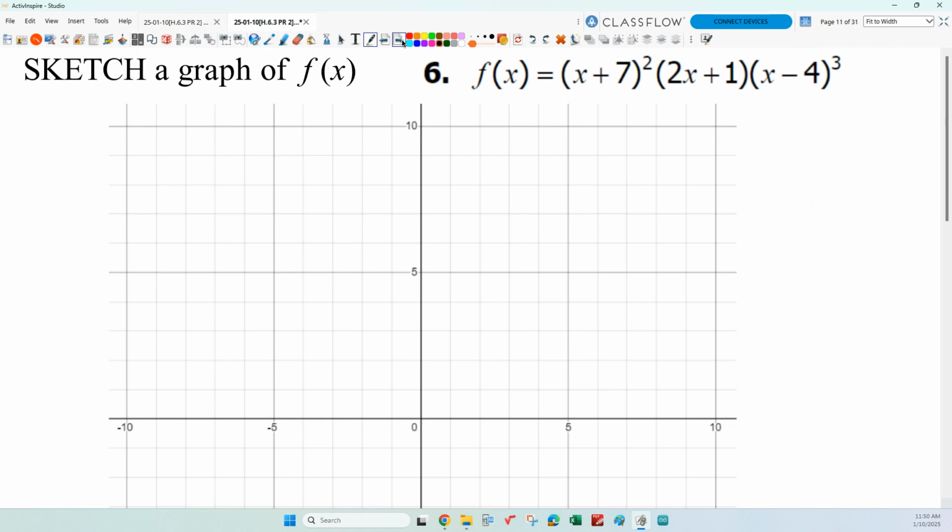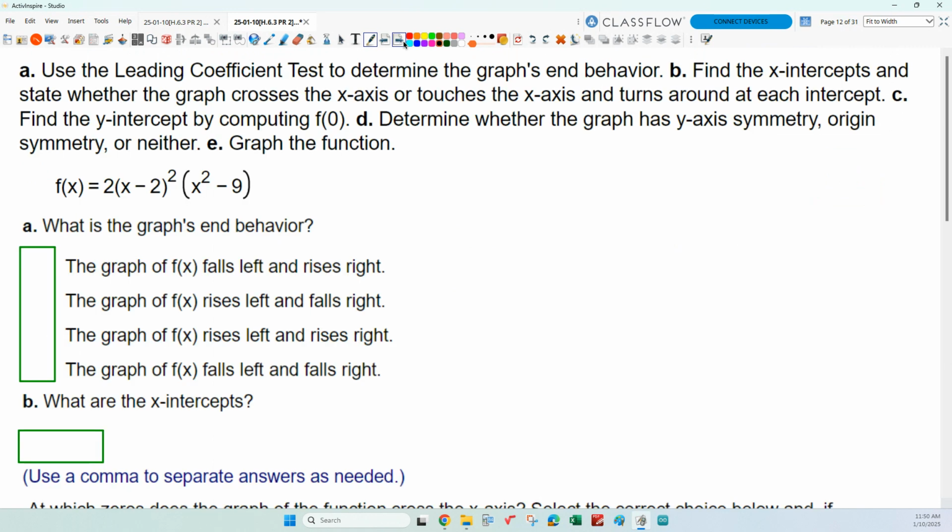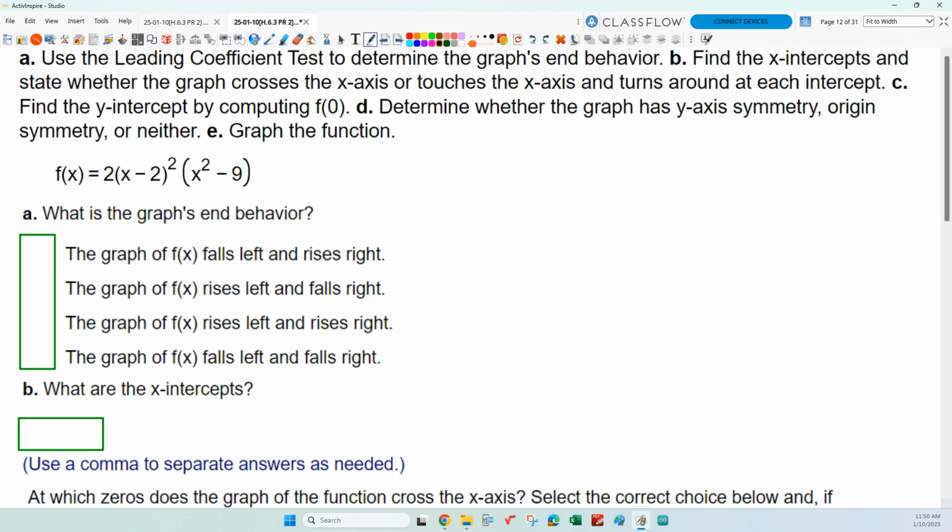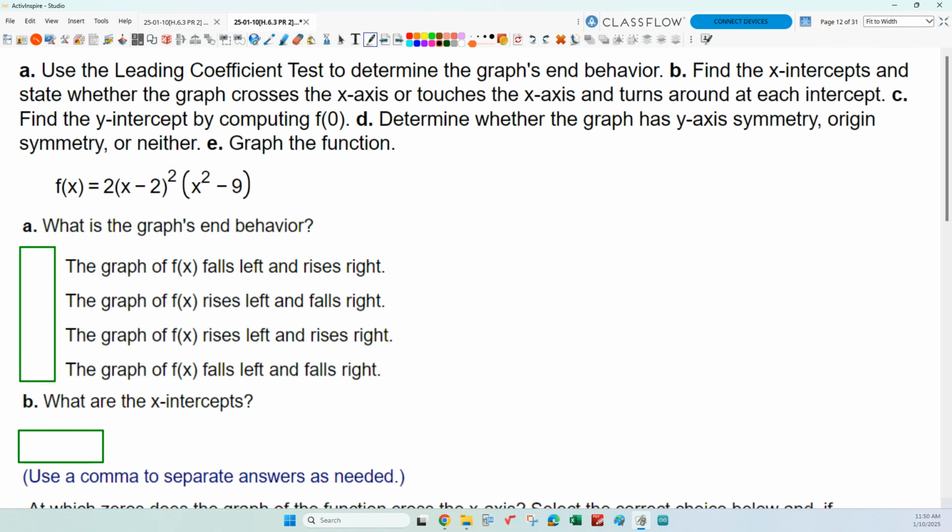I showed you that. Well, I guess we could start this. So there's our function. What's the graph's end behavior going to be? In other words, if I multiplied that whole thing out, what would the leading term be?